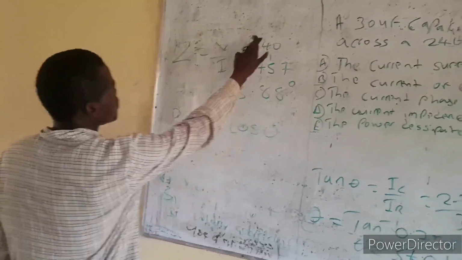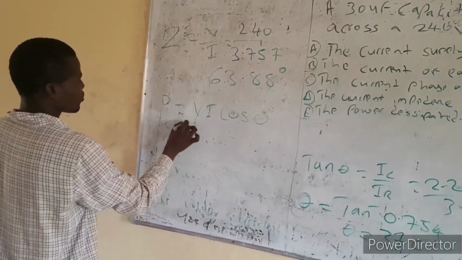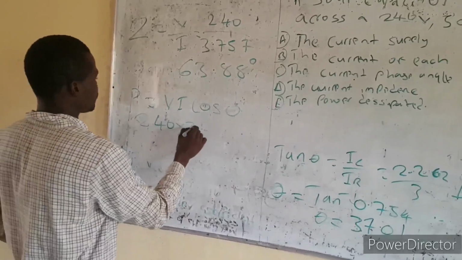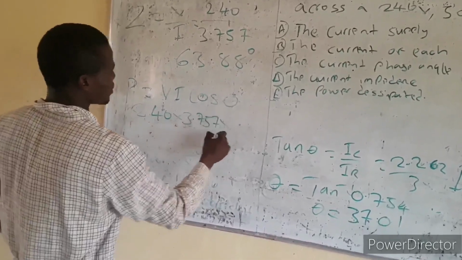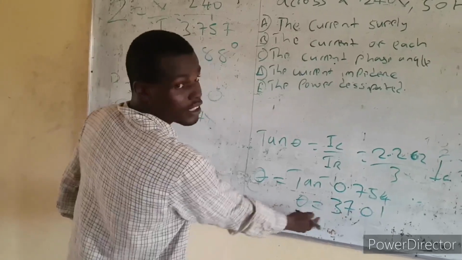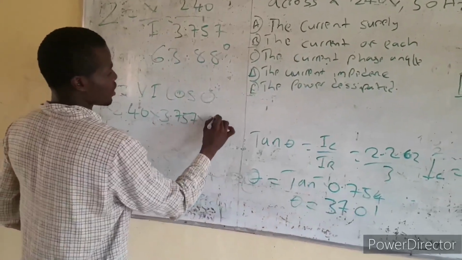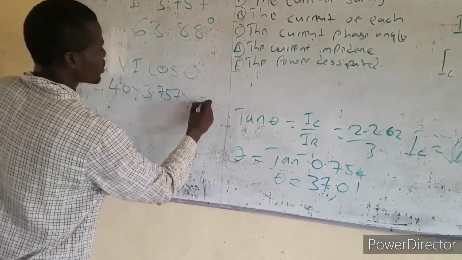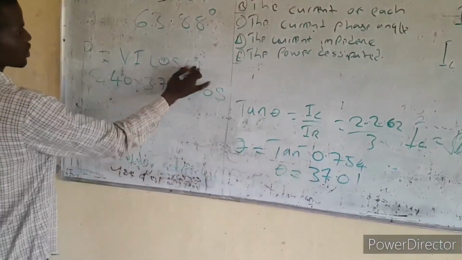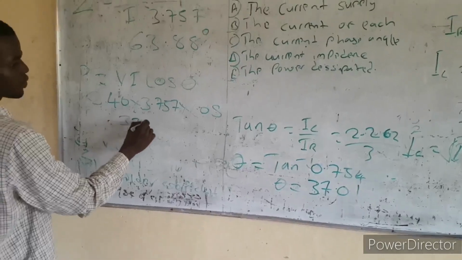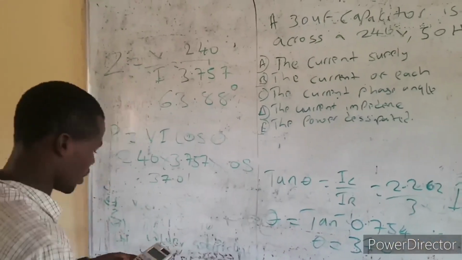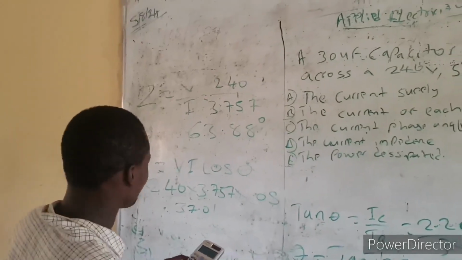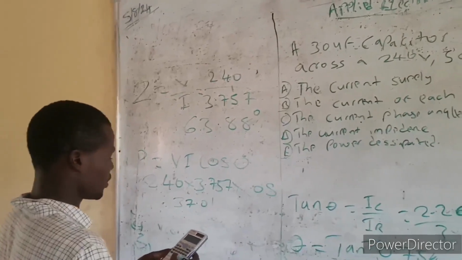Our V is 240 volts, which you all know, times our I, which is 3.757, times cos theta, which is cos 37.01. Let's put this into our calculator: 240 times 3.757 times cos 37.01.